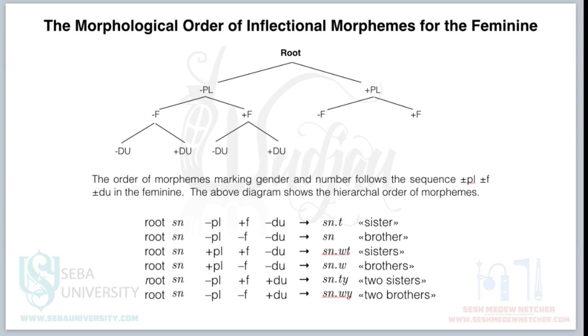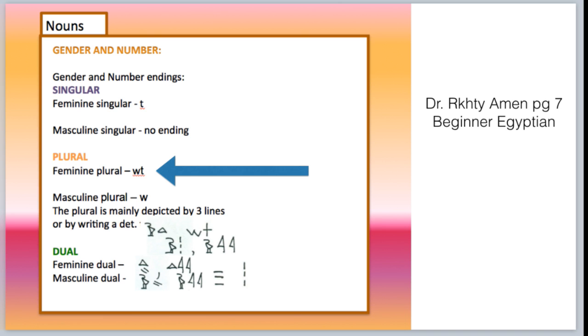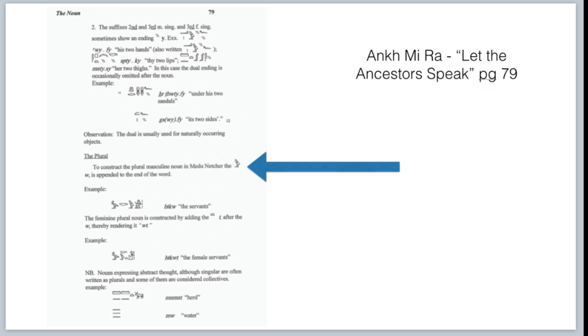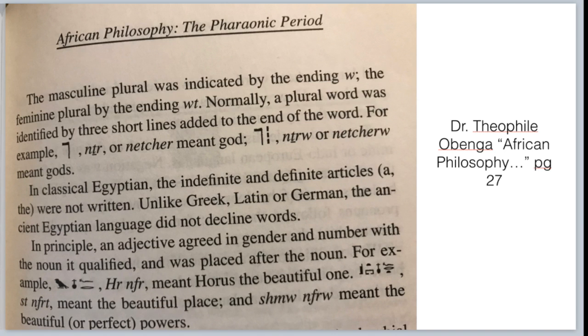Okay? But for some reason, when it comes to this feminine plural, all of a sudden, Diop, Obenga, Reketi Amen, Ankh-Mi Ra, all of those people, they're not following precise grammatical rules. They're just following Europeans. The brother Netaneb is focusing on James P. Allen because he knows that if he focuses on Dr. Reketi Amen, Ankh-Mi Ra, or Theophile Obenga, that wouldn't be something popular.